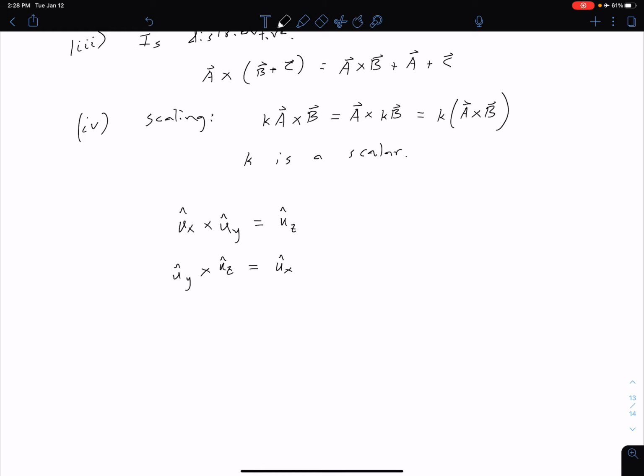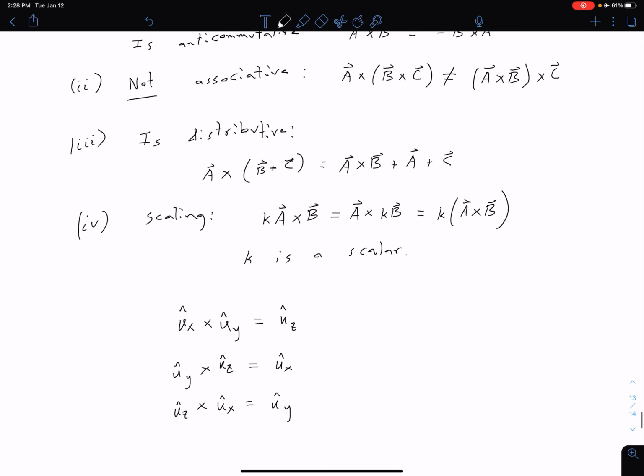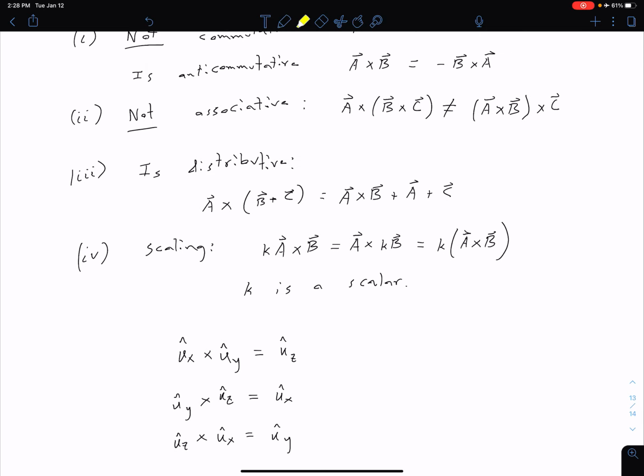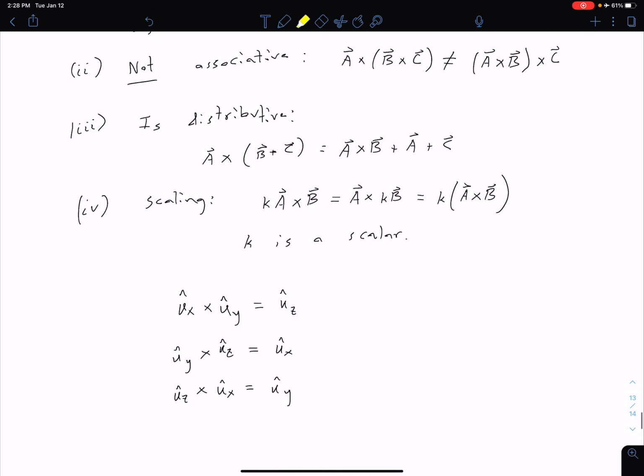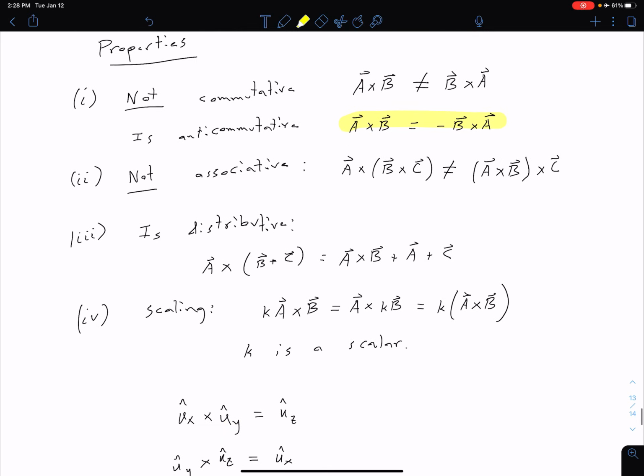And then finally we can say if u_z cross u_x, that's equal to u_y. And of course, from our anti-commutative property up here, what we can see is if we switch the order of any of these, we basically just get a negative. So for instance, if we change this to y cross x, we would just have negative z.